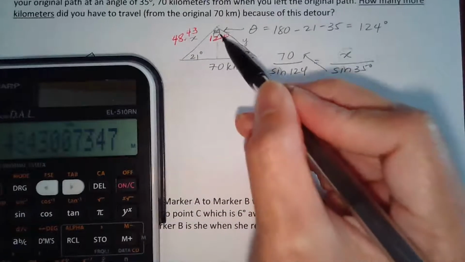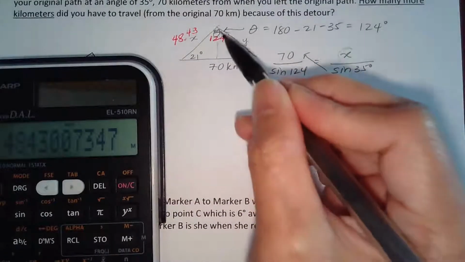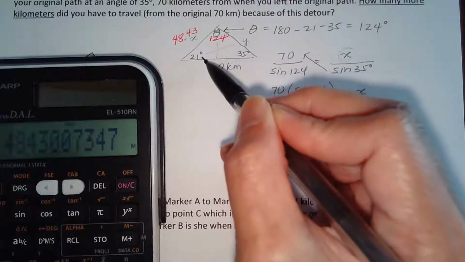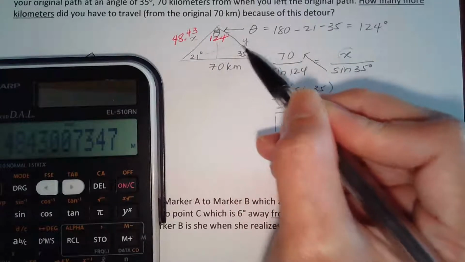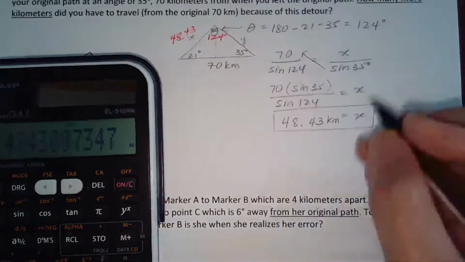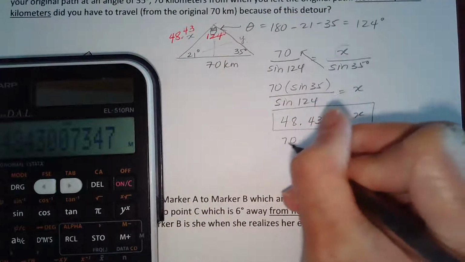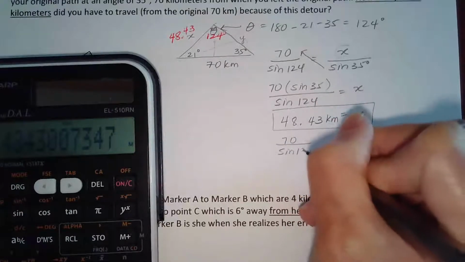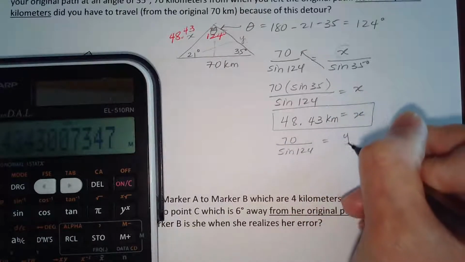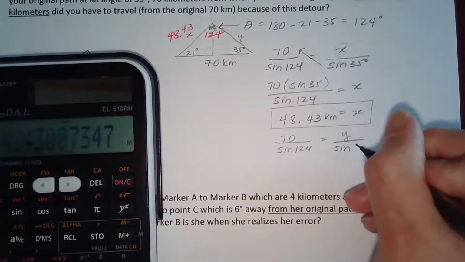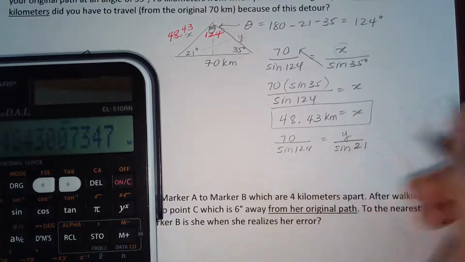Now let's calculate that side there. We still have a complete pairing of side and angle: we've got an angle but a missing side, so we can use sine law again. But this time we're going to do the Y, so Y over sine 21.